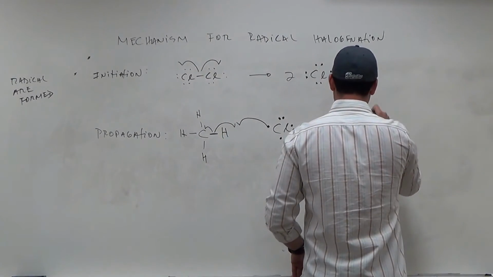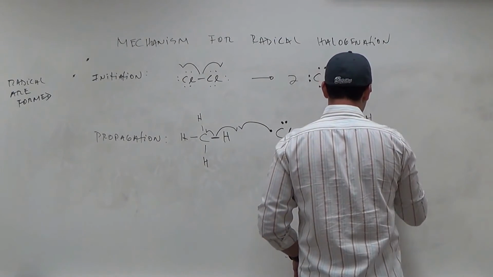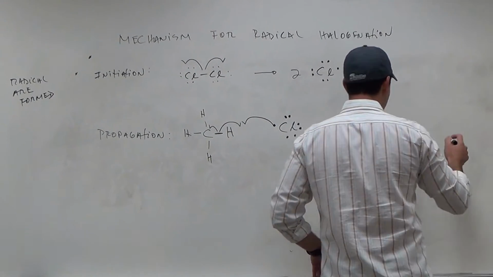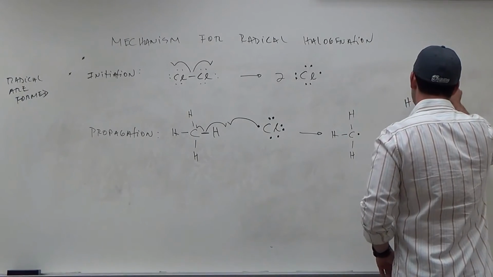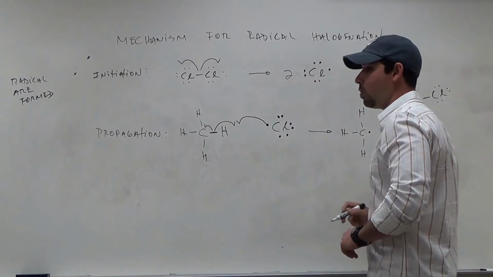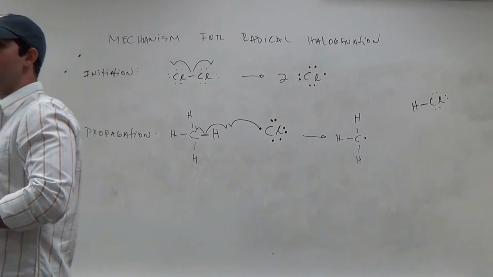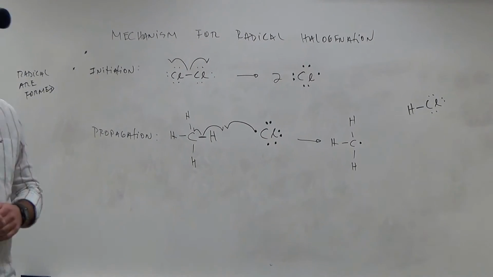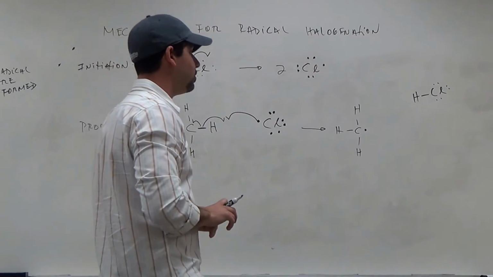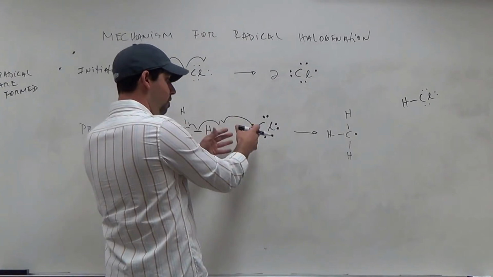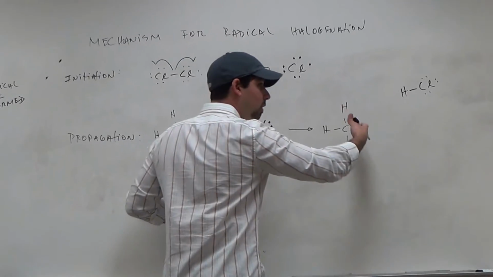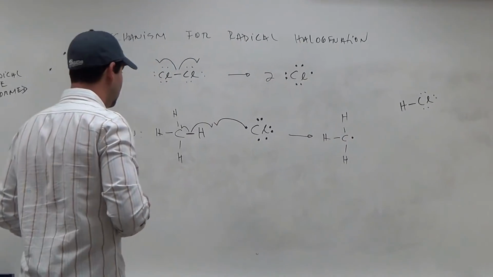What this forms is the carbon radical, and what else? HCl, with 1 electron coming from the chlorine and the other electron coming from the carbon-hydrogen bond. So in this step, you have a radical reacting to form another radical.